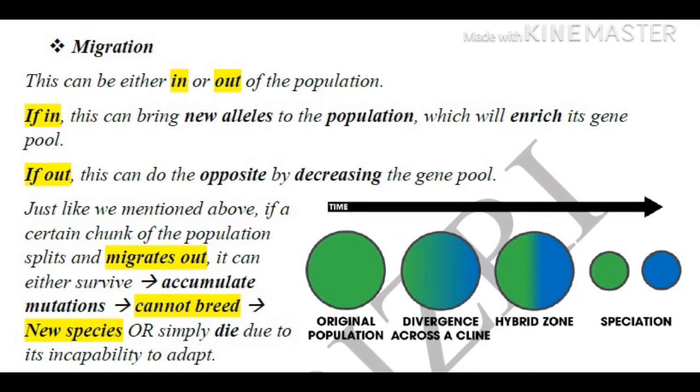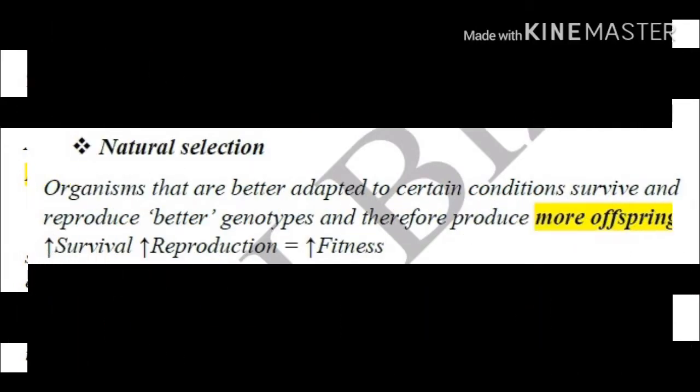Eventually, these mutations are going to accumulate to a point where these different populations cannot breed anymore. Therefore, they are not part of the same species. Therefore, this is going to form a new species, or simply die out due to the incapability. But for the most part, it's going to form new species, and these are going to increase the biodiversity.